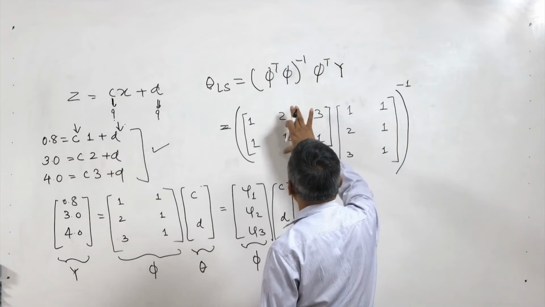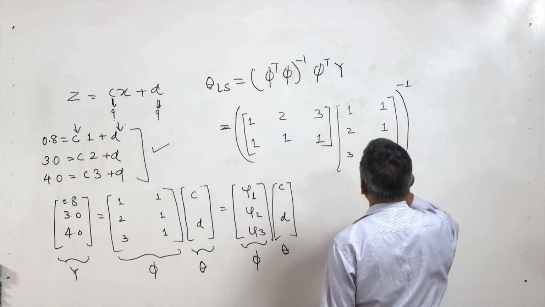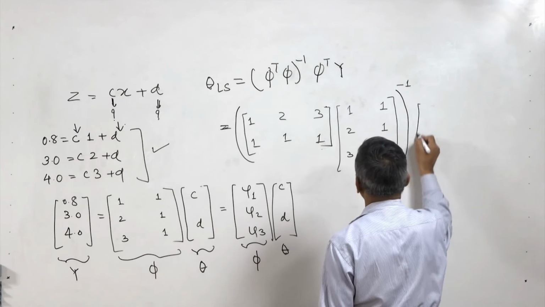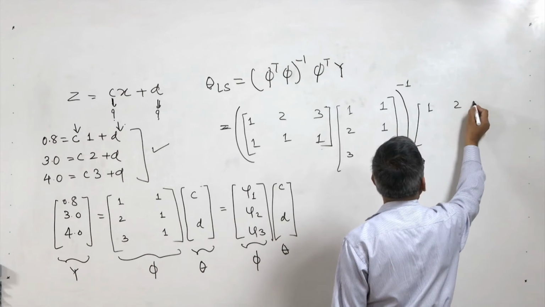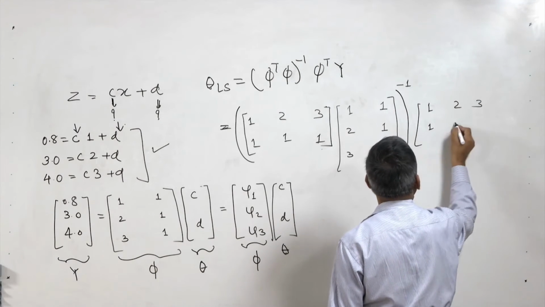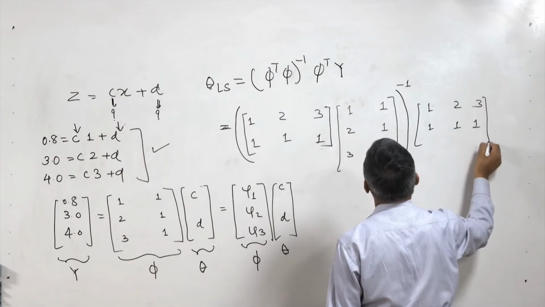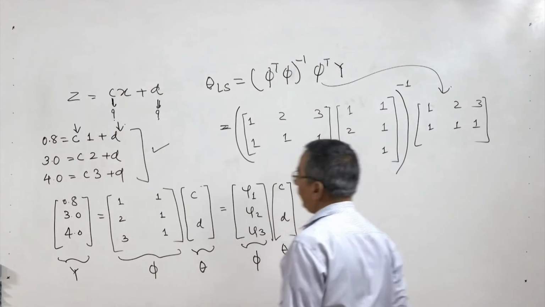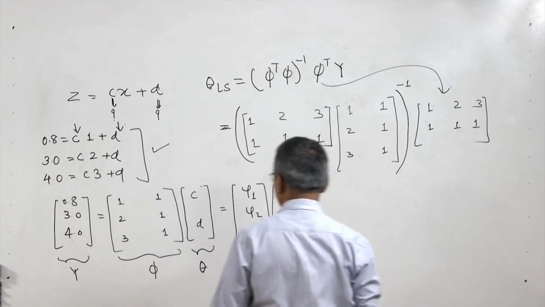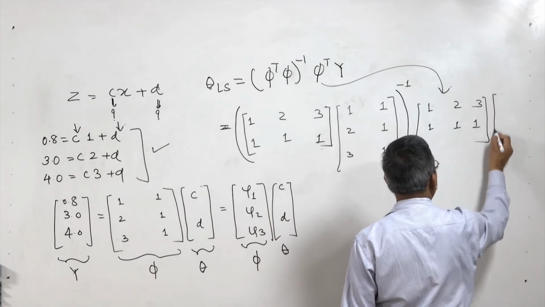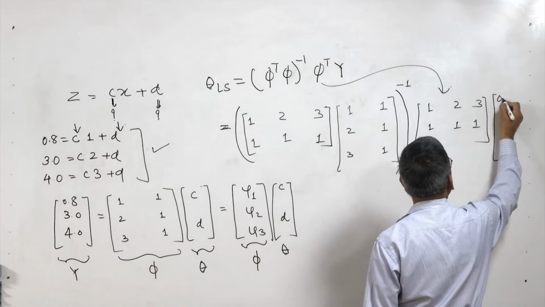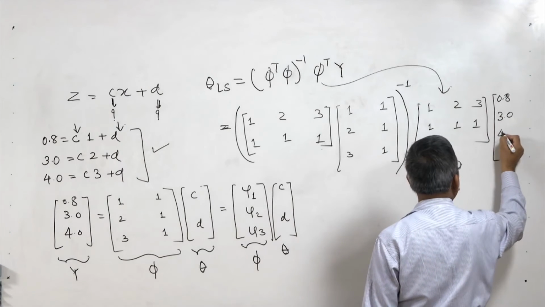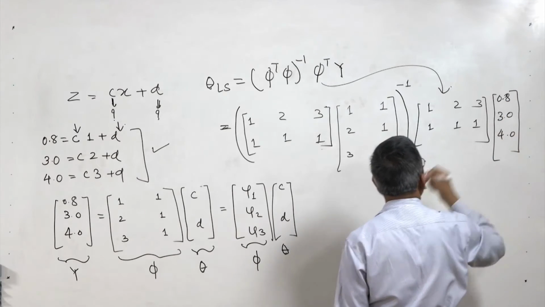So, it will be basically the same thing which will be coming here. So, I can just write it as 1 2 3 and 1 1 1. And then y, we have this vector I have already written. So, this vector I can write as 0.8, 3.0 and 4.0.